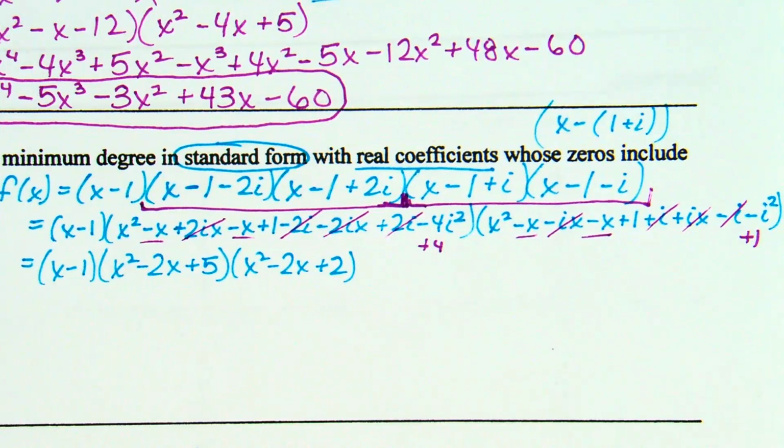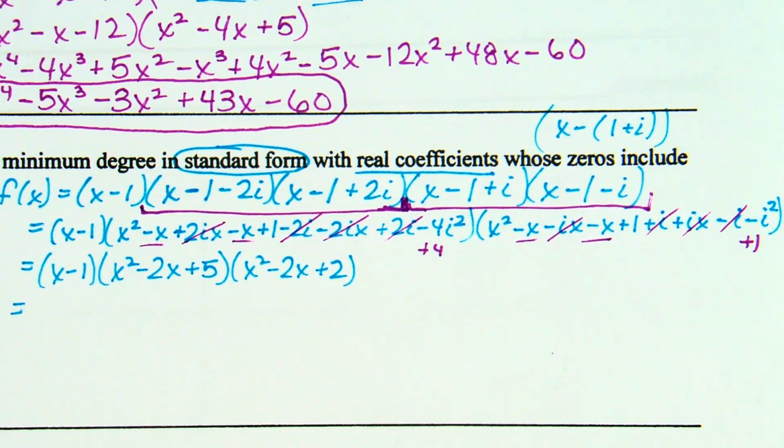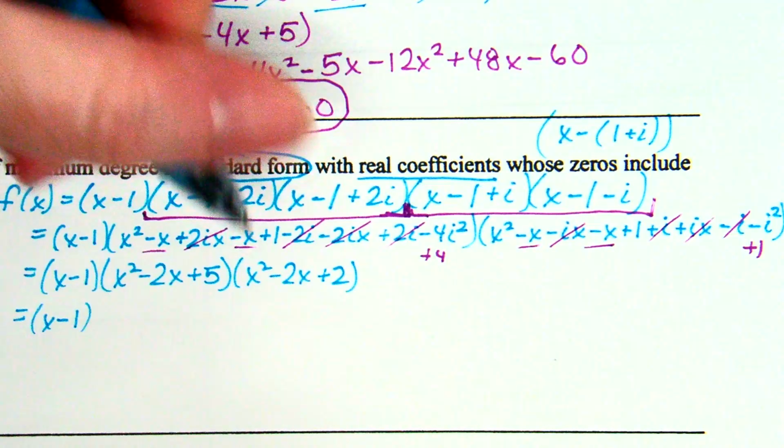I personally was going to do the 2 big ones. I'll get those done. I mean, honestly, it doesn't matter. As long as you don't make a mistake, we're all going to end up in the same place in the end. Okay? So I was just going to carry my x minus 1 down. I guess I'm saving the easier piece for the end. And work on the 2 trinomials.